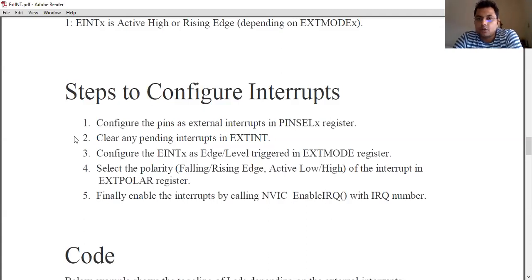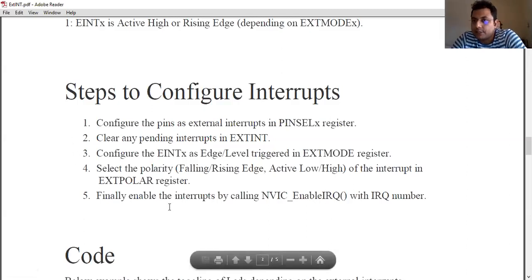And after completion of the interrupt service routine, whatever we write in the handler corresponding to any external interrupt, there would be one external interrupt handler, and that handler would comprise the code which is nothing but the interrupt service routine.